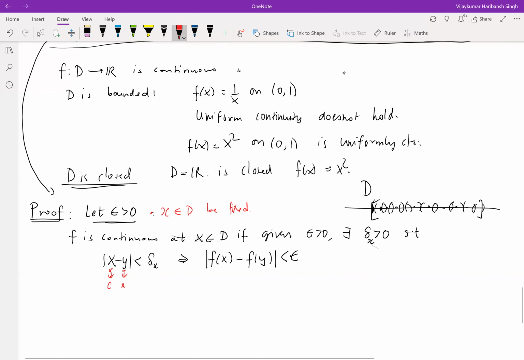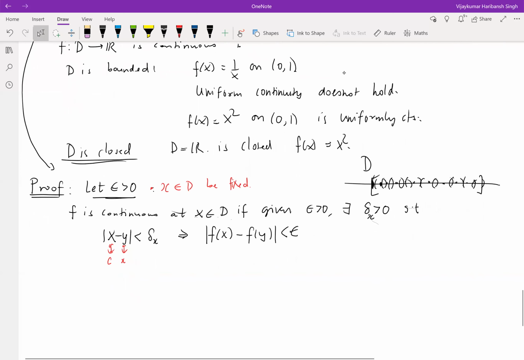Uniform continuity allows you to choose any x and y whose difference is less than delta. Now, what we'll do is the following. Consider this neighborhood N of x with radius delta x. Again, I'll modify this neighborhood depending on what I need, but consider this, and let's take the union over x belonging to D.